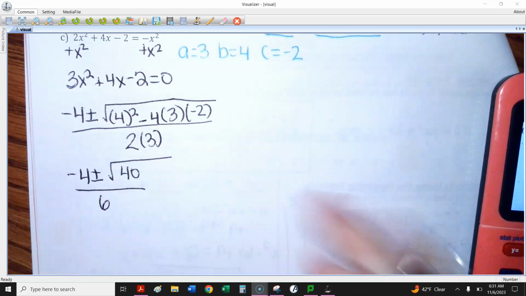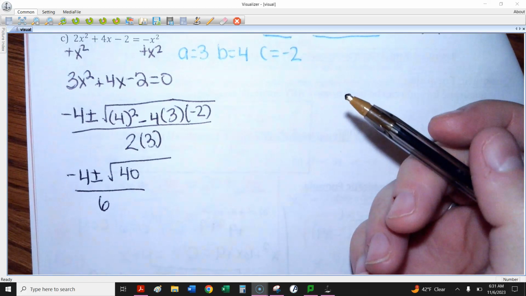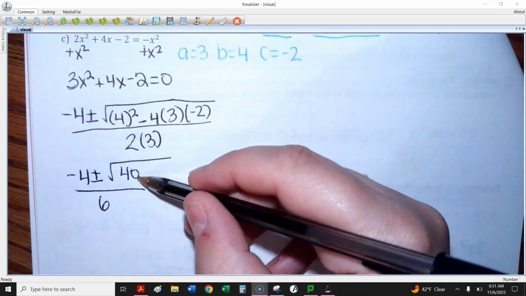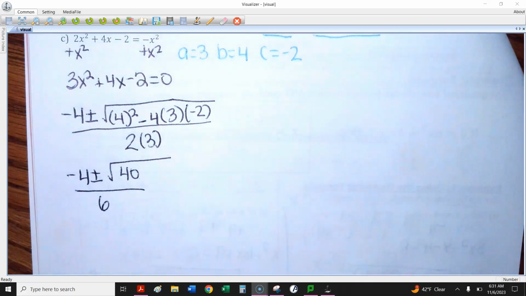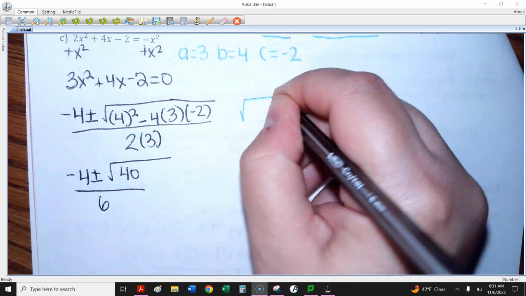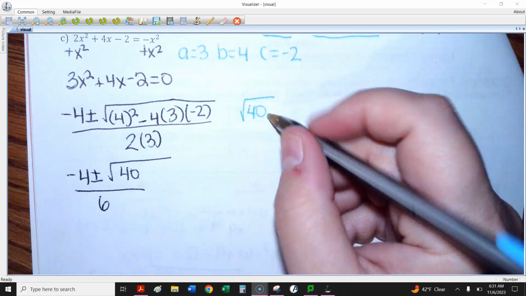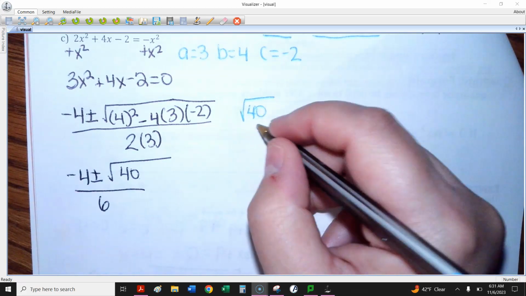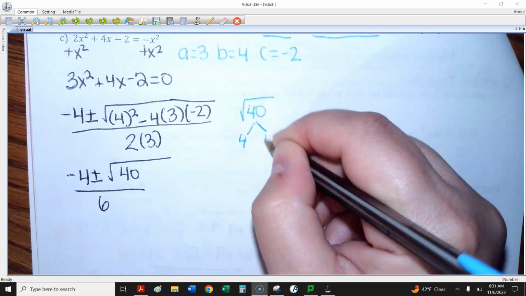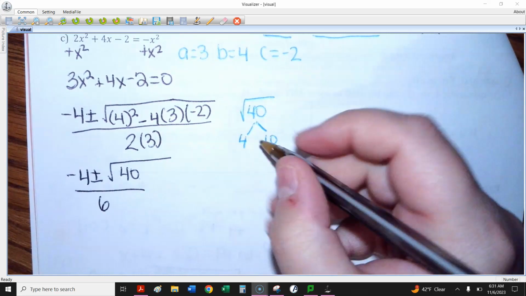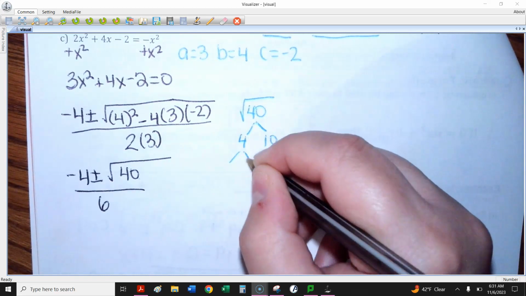Now, we're going to use a bunch of skills in this question. So if you can break down the 40, if you are into the factor tree, or I like to find the biggest perfect square. The biggest perfect square that's going to go into 40 is 4. So I would just do 4 and 10 real quick. And then 2 and 2, there's my pair.